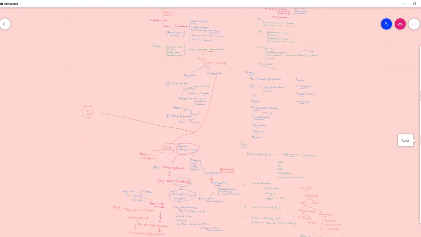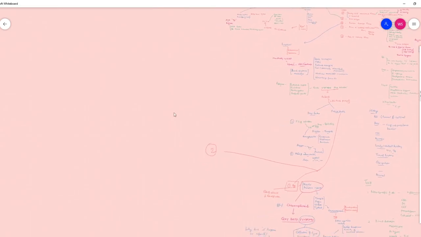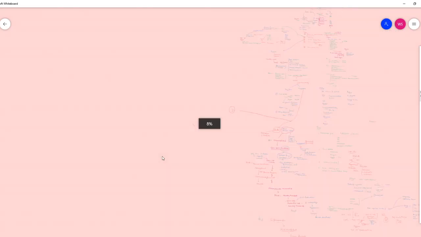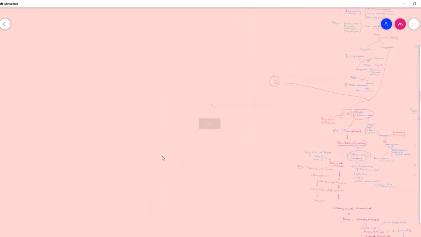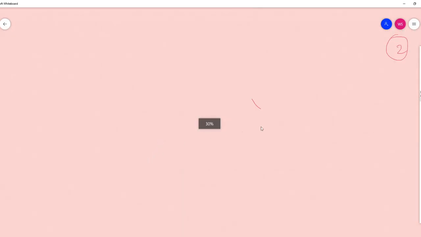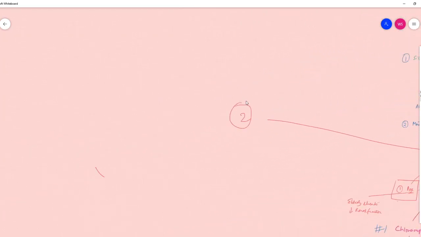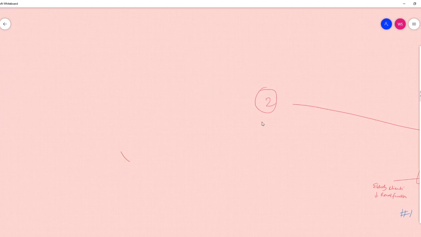Let's look at the second factor that we are going to consider. The second factor that we would look at is renal disease.